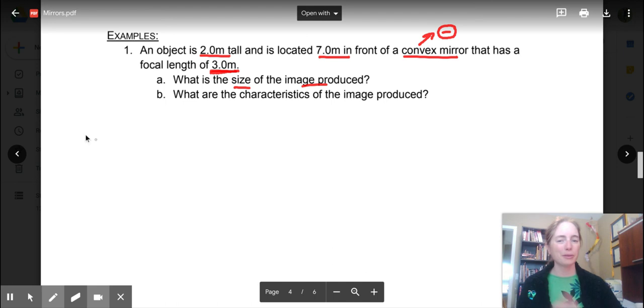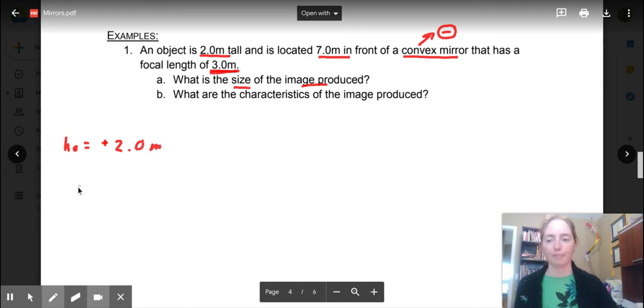All right, well, let's start by listing out what we have. We have the height of the object. Remembering from your table, your height of the object is going to be positive. And the distance of the object is going to be positive.